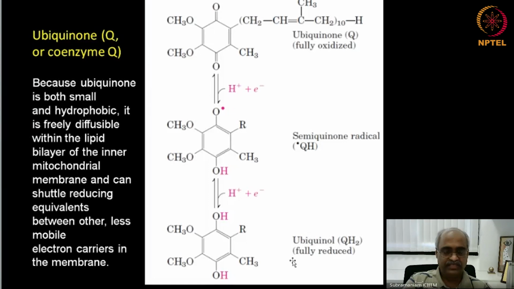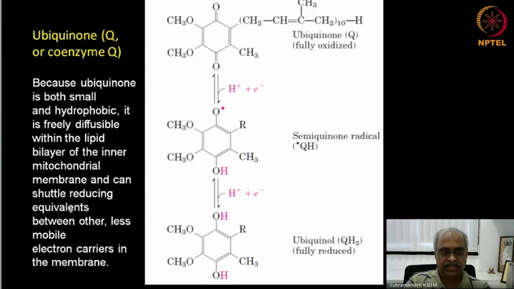That is an important feature of this molecule for coupling 1 electron or 2 electron donors or acceptors with another electron donor or acceptor of similar nature. The second important feature of ubiquinone comes from its hydrophobicity. It can freely diffuse within the lipid bilayer of the inner mitochondrial membrane and shuttle reducing equivalents.